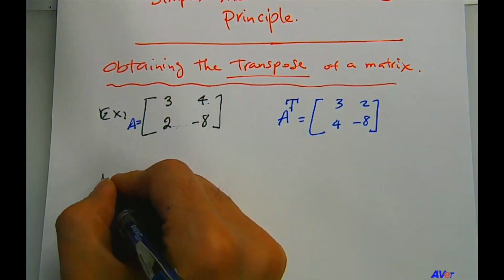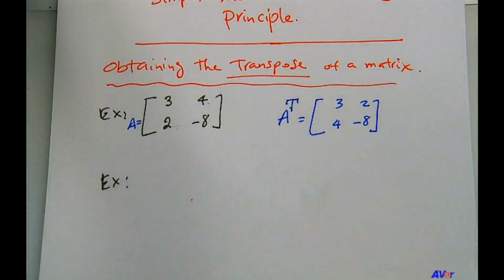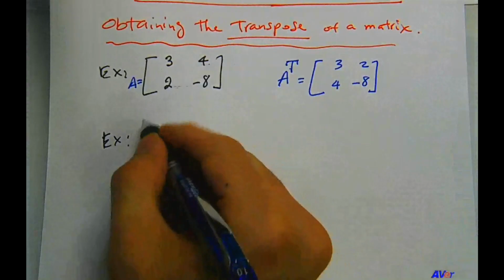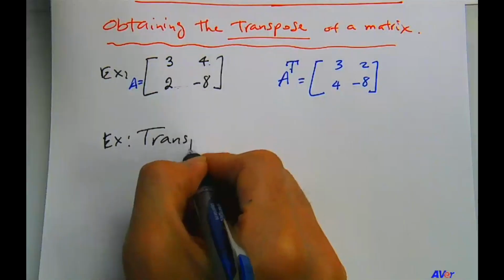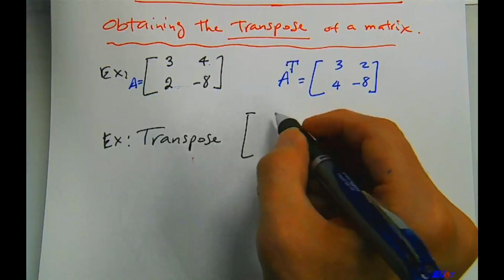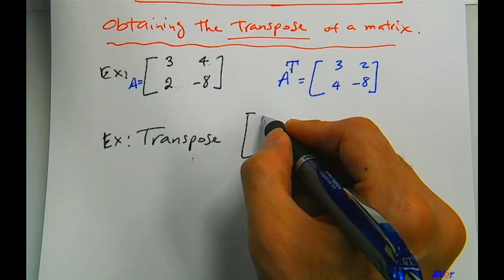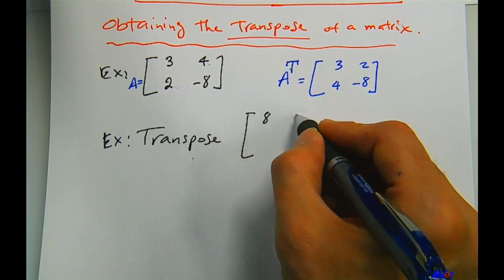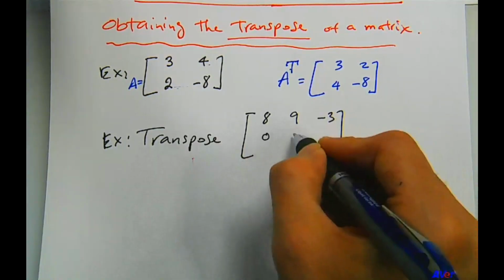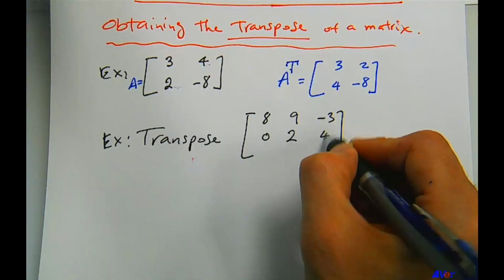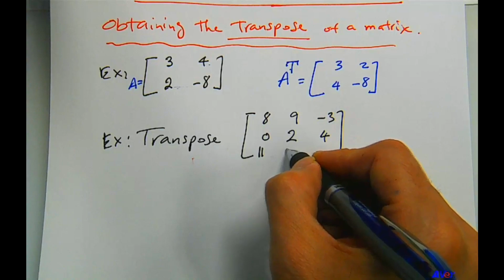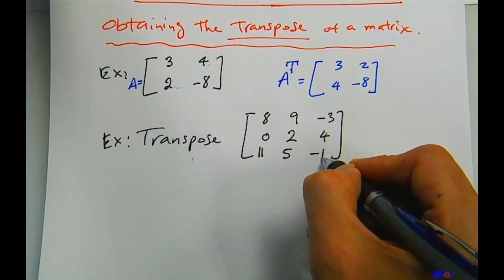Let's do another example. Suppose we want to transpose this matrix. Let's make it a 3 by 3 matrix. So we have 8, 9, negative 3, and then 0, 2, 4, and then 11, and say 5, and negative 1, right?